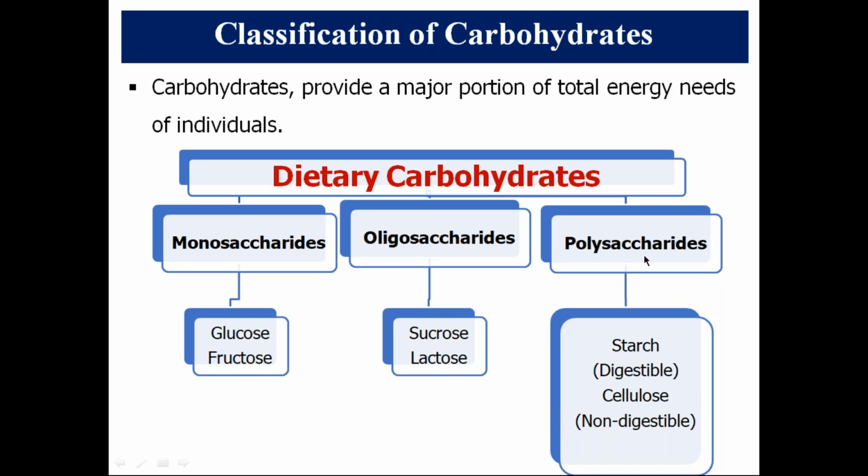And then you have the polysaccharides, which can be divided into digestible and non-digestible polysaccharides. 80 to 90% of whatever we take in is formed of starch. So the digestible dietary carbohydrates comprise starches.